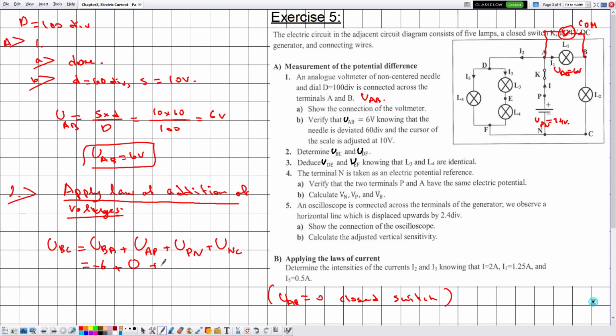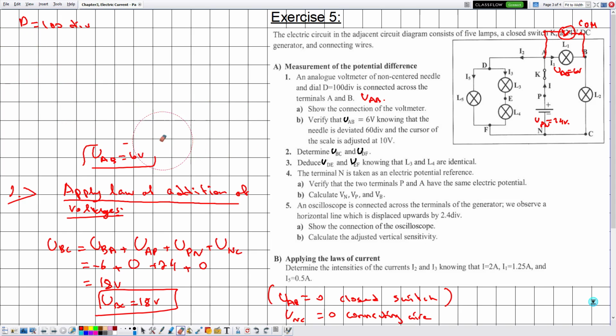Now UPN is given by 24 and UNC is 0 because it's a connecting wire. So this is 24 minus 6 is given by 18 volts. So UBC is given by 18 volts. So let me label here that the voltage UBC is given by 18 volts.